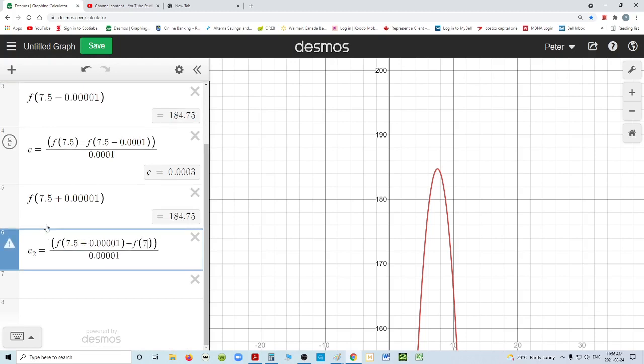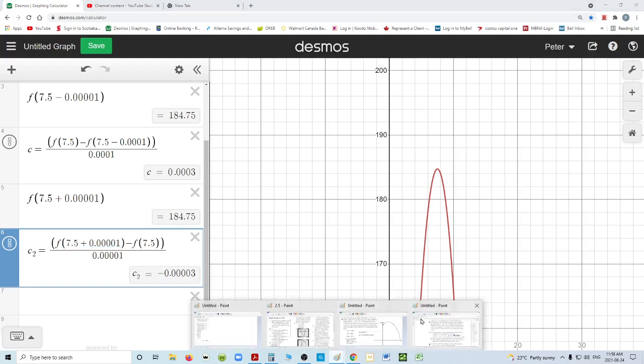We're essentially taking the rate of change between 7.5 and a point that's slightly to the right. And we get negative and small. So we can see that indeed it did exactly as we expected.